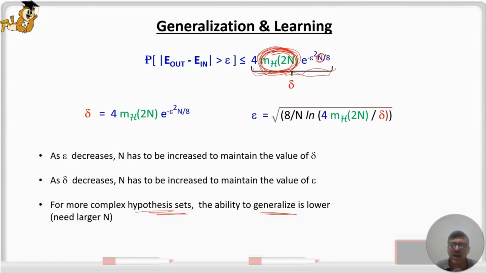Essentially, you require larger and larger n's. You require larger and larger training data if you choose more complex hypothesis sets. This is again fairly intuitive, but there is a difference between something being intuitive and something being actually proved, and what we have proved right now is what your intuition probably suggested in the first place.